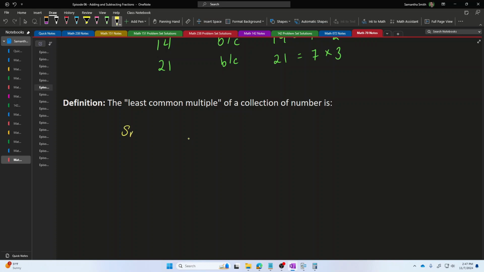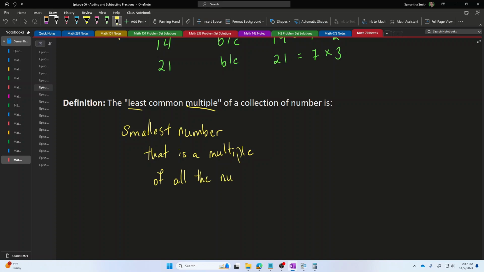This is the smallest number, hence this word least, that works as a multiple, hence this word multiple, of all the numbers that are in your collection that you're working with, hence this word common. Least, it's the smallest number. Multiple, it is a multiple of all the numbers in your collection. The smallest shared multiple, the least common multiple.